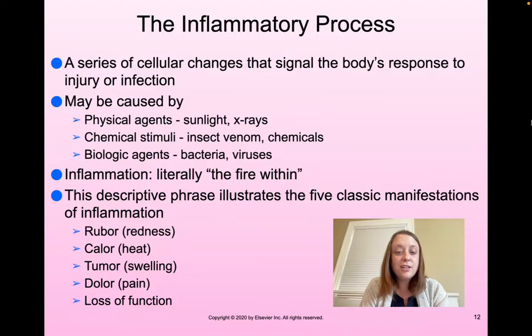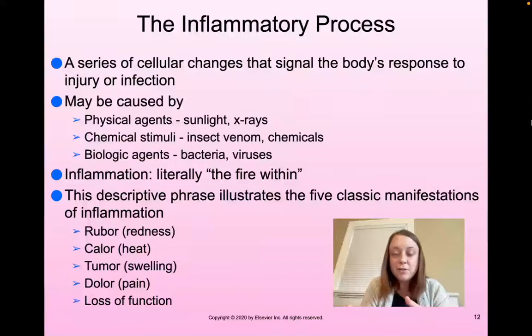And inflammation literally means the fire within. That's where the term comes from. And that phrase really illustrates the 5 main things that happen with inflammation. Those 5 things are rubor or redness, calor or heat, tumor or swelling, dolor or pain, and loss of function.